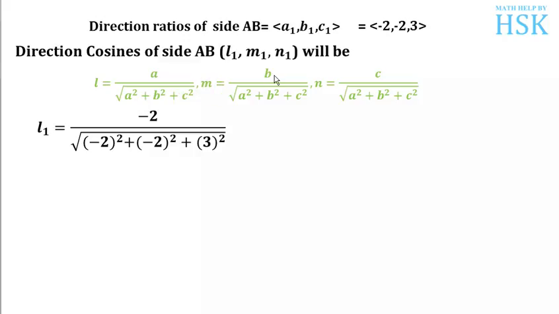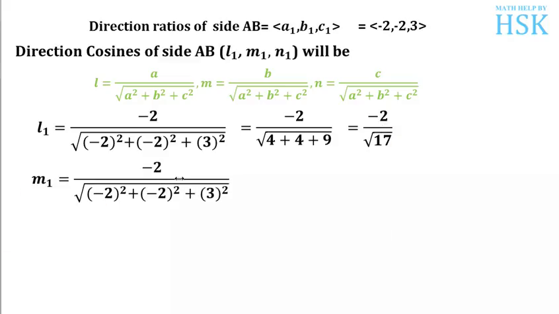Similarly, m1 will be equal to b1 upon the square root of a1 square, b1 square, c1 square and so on. So this will be equal to minus 2 upon the square root of minus 2 square plus minus 2 square plus 3 square. Minus 2 square is 4, minus 2 square is 4 and 3 square is 9. So we are going to get minus 2 upon the square root of 17.